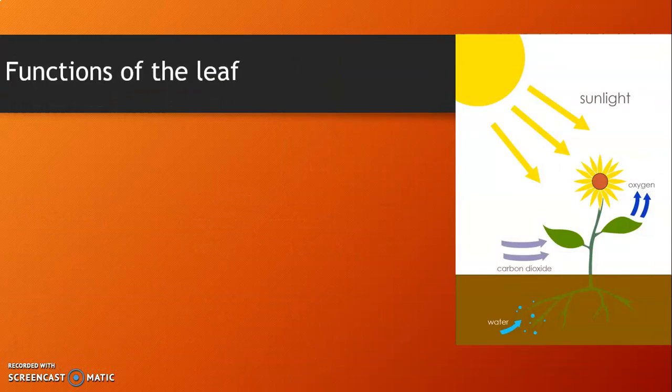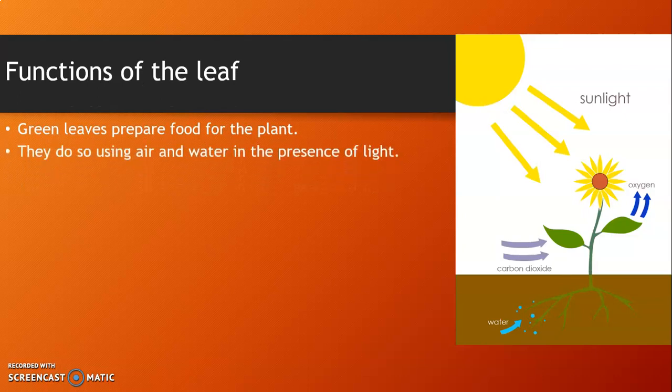So let's discuss the functions of the leaf. Green leaves prepare food for the plant. They do so using air and water in the presence of light. From the air they take in carbon dioxide, and they get water from the ground through their roots, and in the presence of sunlight they prepare the food.